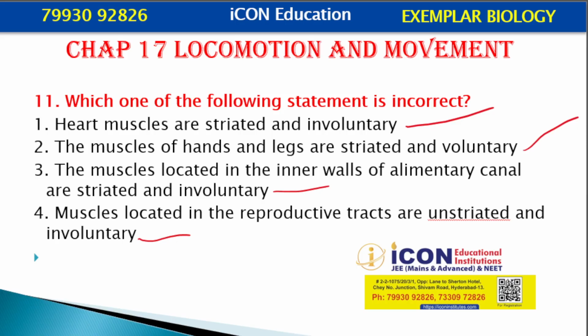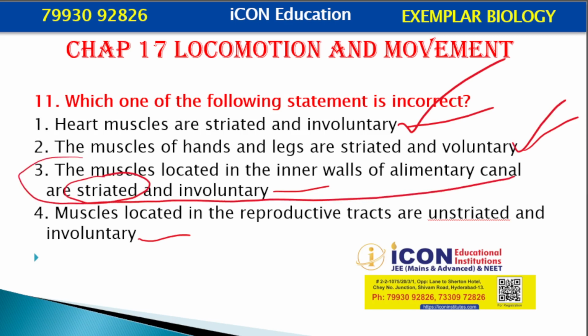Heart muscles are striated involuntary, yes, this is correct. Muscles of hands and legs are striated and voluntary, yes, this is correct. Muscles located in the inner walls of alimentary canal are unstriated and involuntary, so the given statement is the incorrect one.